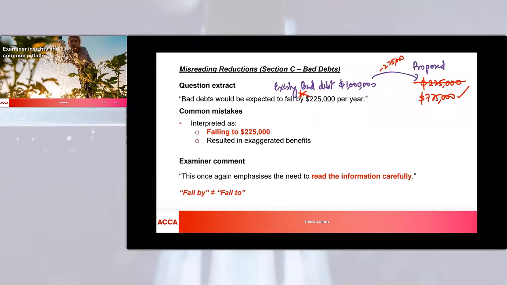I repeat, fall to is different from fall by. This is something very important that you need to take care of. Majority of the candidates make mistakes when it comes to this particular part, where they pick up the wrong calculation. Instead of reducing 225,000, they take the proposed as 225,000.